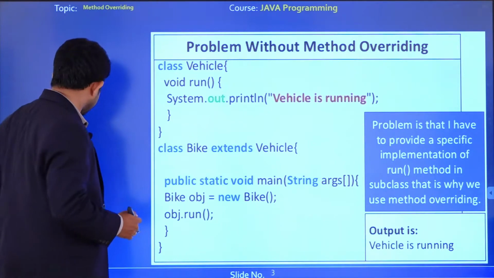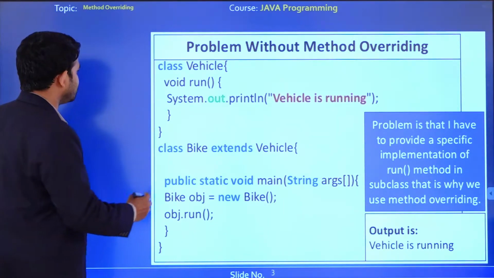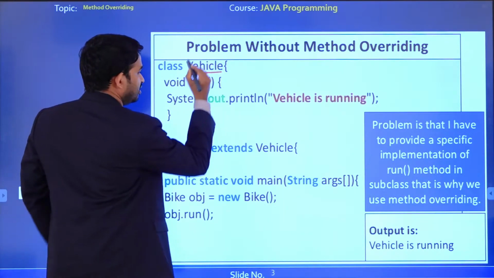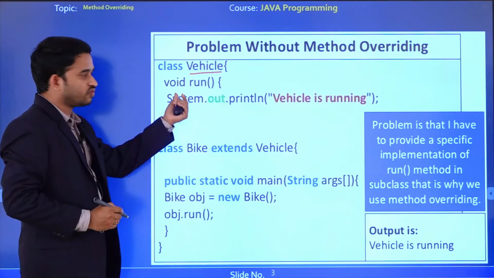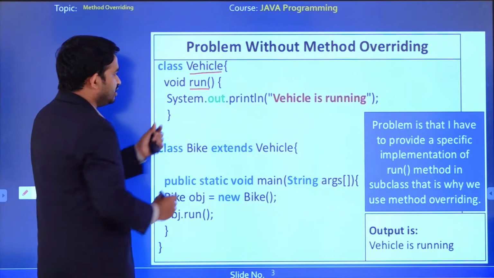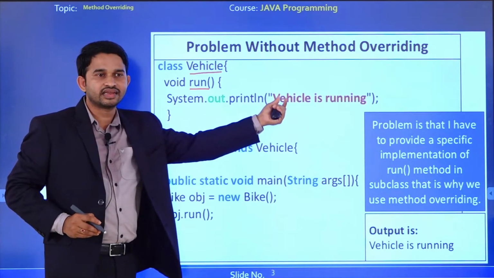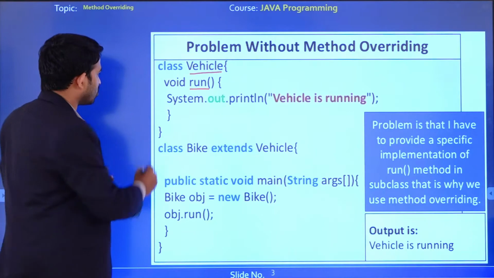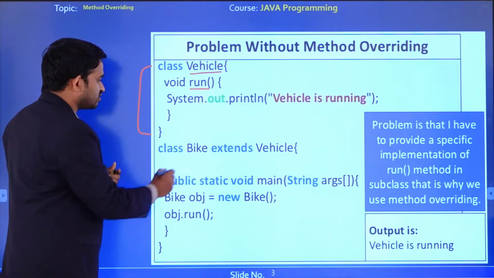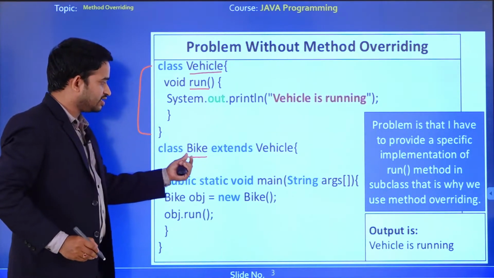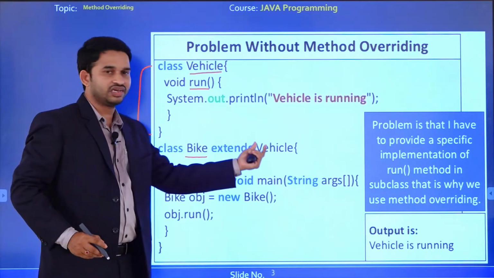For example, here I am using one class, that is Vehicle. In this Vehicle class I declared one method, the run method. Inside this run method I have some implementation: Vehicle is running. The next one, one more class I am going to use, that class is Bike. Inside this I extend Vehicle. What is the meaning?